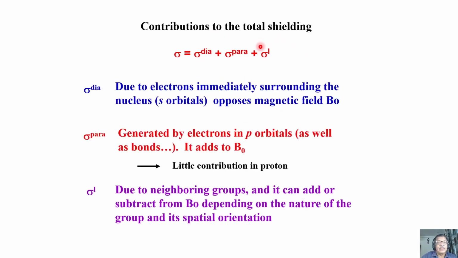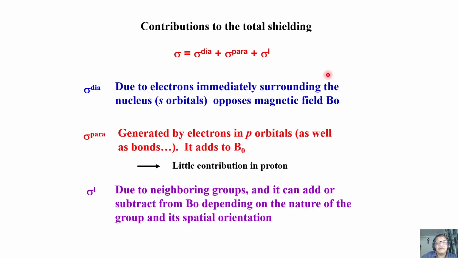Now I will tell you something about contributions to the total shielding. The total shielding, the chemical shift contributions, come basically from 3 parameters. One is a diamagnetic contribution. I told you, sigma, the screening constant, we can calculate using Lamb's formula that I explained to you. There are 3 contributions: diamagnetic contribution, paramagnetic contribution, and sigma N because it is due to the neighboring effect.